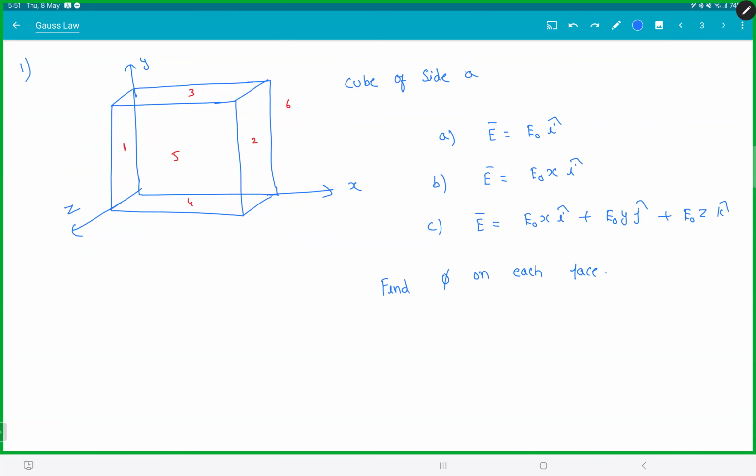Now it is changing: E naught x I cap, y J cap, z K cap. Once you see this, people will think, what the hell, field is changing in all directions. How will you approach this? Try, I'll give you a minute.